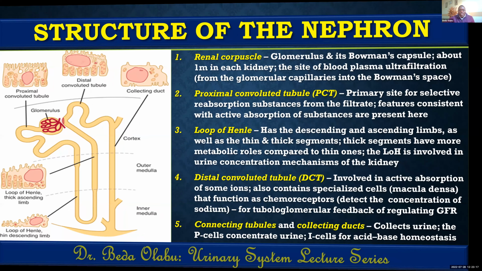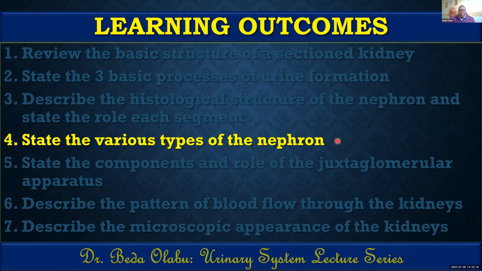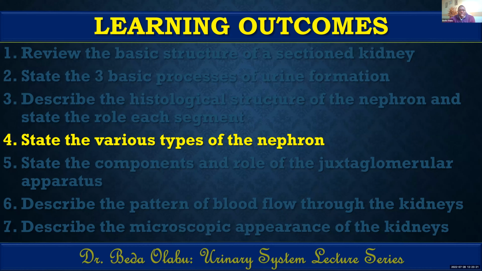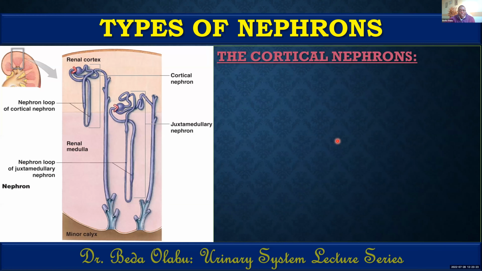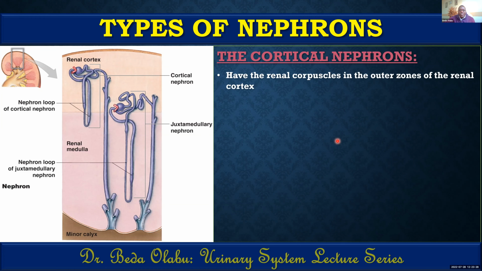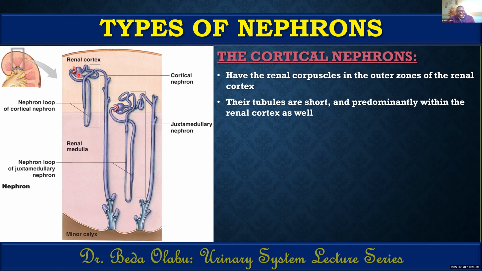Now we can talk about the different types of nephron. There are two types of nephron. We have what we call cortical nephrons and juxtamedullary nephrons. The cortical nephrons have their renocorpuscles in the outer zone of the renal cortex, as you can see in this particular image. Usually their tubules are short, as we can see here, and the tubule is predominantly within the renal cortex.